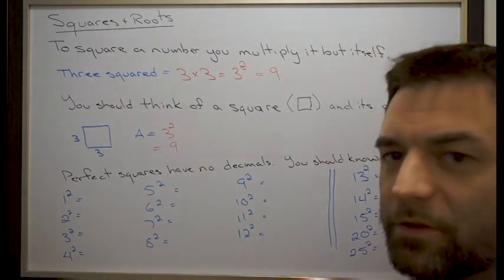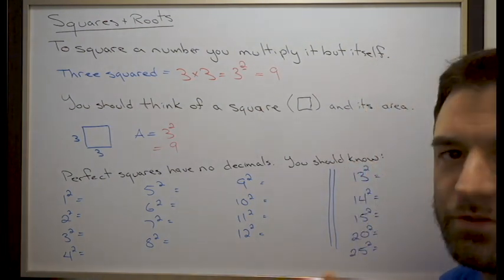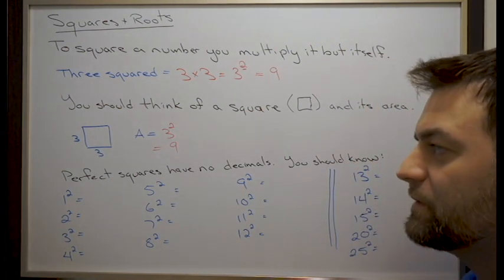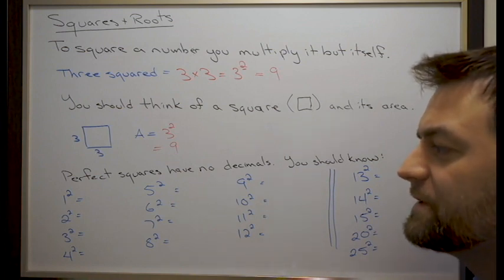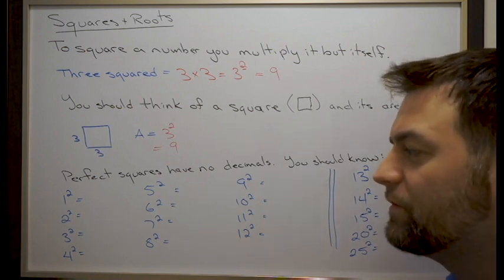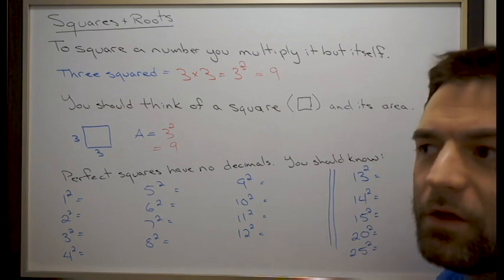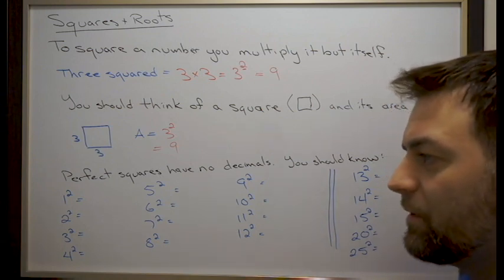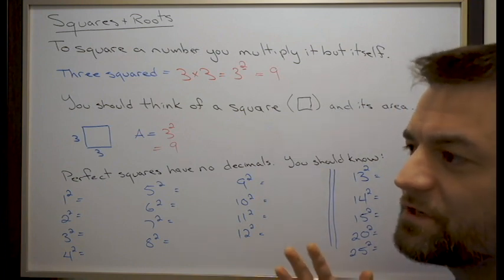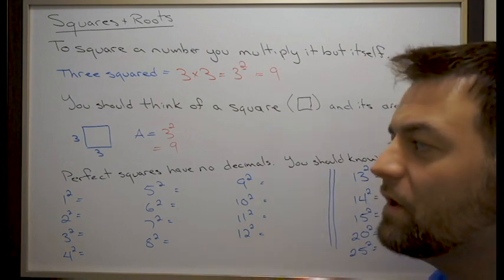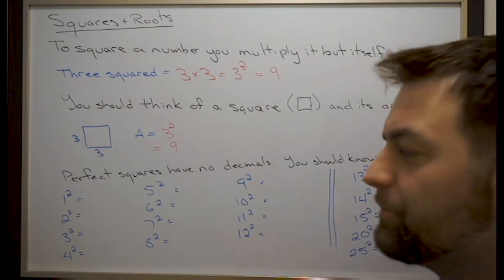Now you should be familiar with some of the perfect squares. These are squares where we don't work with any decimals, we're just multiplying an integer value by itself. So 1, 2, 3, 4, and so on. Any integer value would make a perfect square, so 100 times 100, 963 times 963. When you multiply those, they make a perfect square.